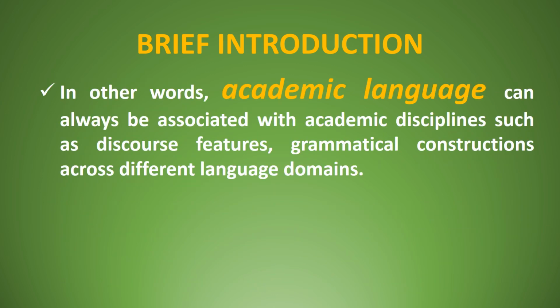In other words, academic language can always be associated with academic disciplines such as discourse features and grammatical constructions across different language domains. So it is not only in the English language, but as well in other forms of language used in writing.